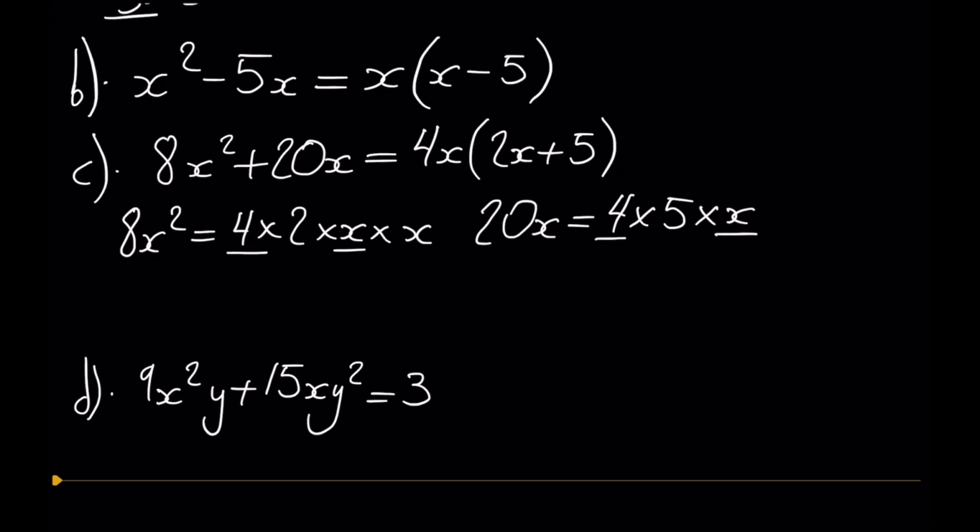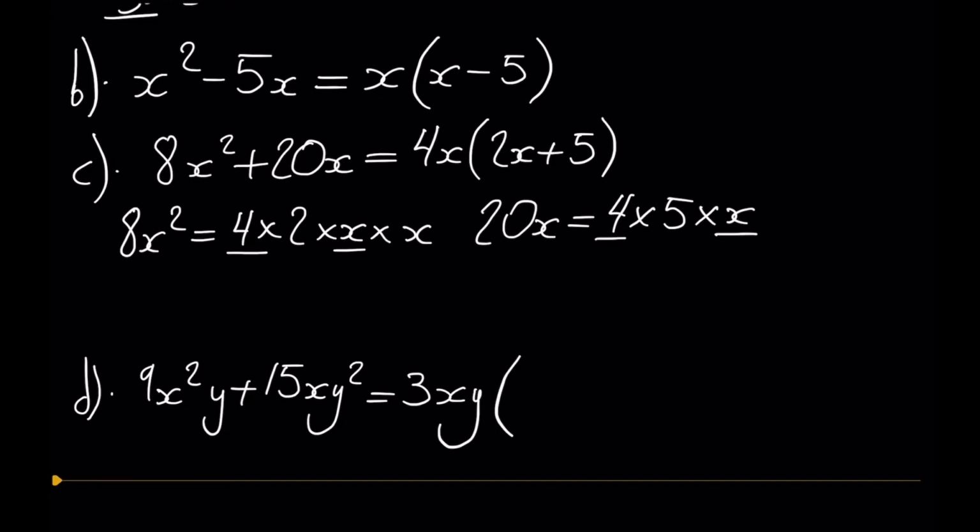Now for x, we've got x in both terms. We've got two x's here, so x times x, which gives us x squared, and we've got 1x here. So it follows that we can take out 1x. And similarly for y, we've got 1y here and 2 here, because y times y is y squared, so we can take out 1y.